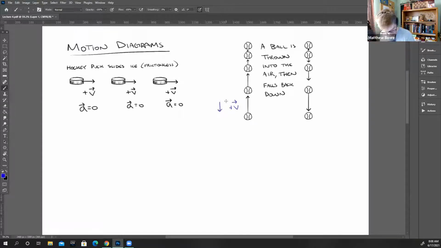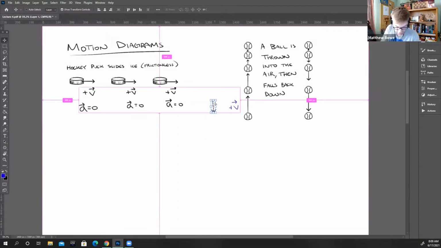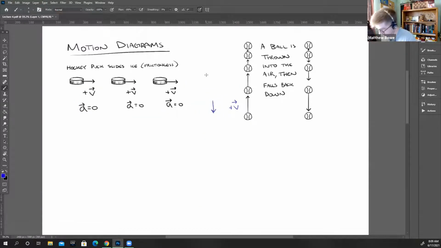Let's make it a little bigger like that. This is the acceleration that is downward, minus acceleration. It's minus because it's pointing downward.